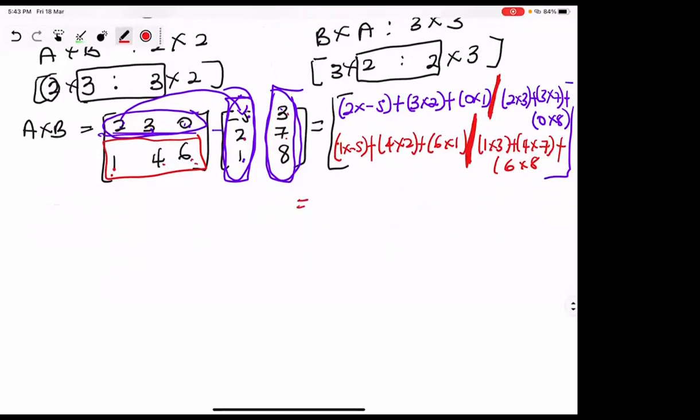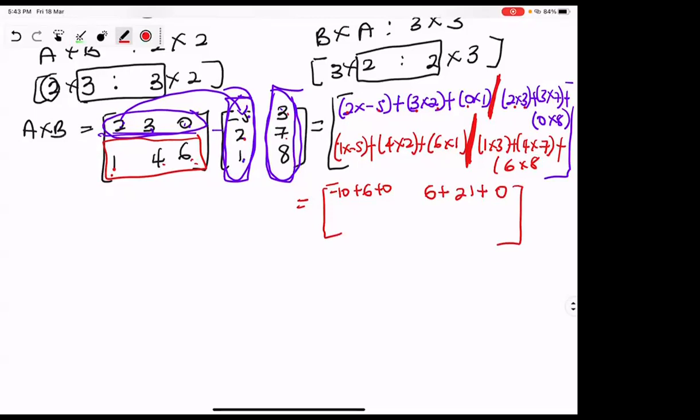Okay, so the rest is just simplifying. We have 2 times minus 5, that will give us minus 10. 2 times 3, that will give us plus 6. 0 times 1, that will give us 0. Then we move on to the second column. We have 2 times 3, that is 6, plus 3 times 7, 21, plus 0 times 8, that is 0.